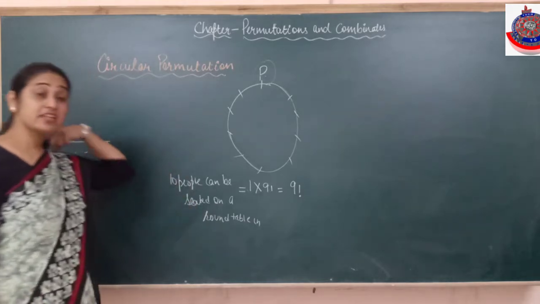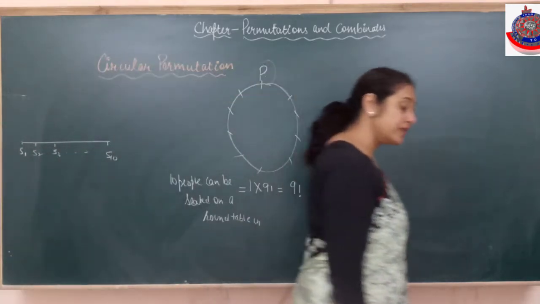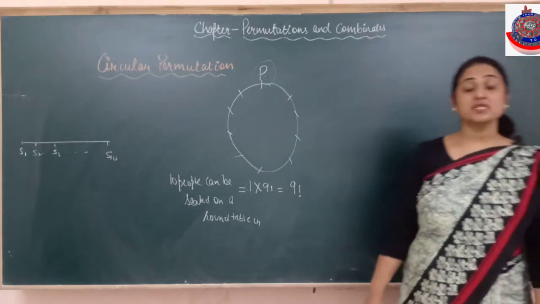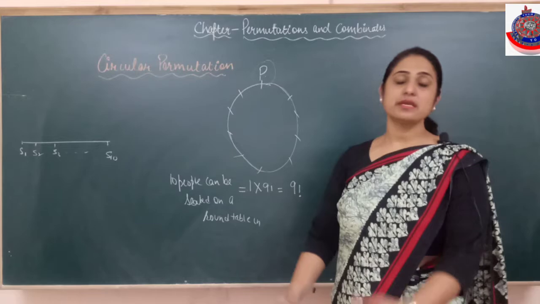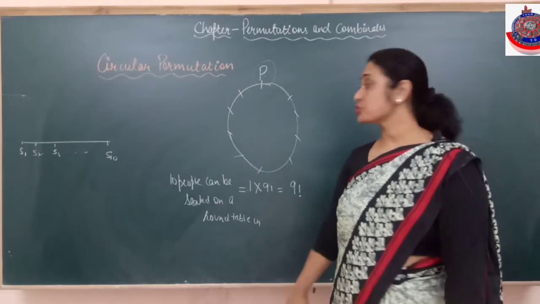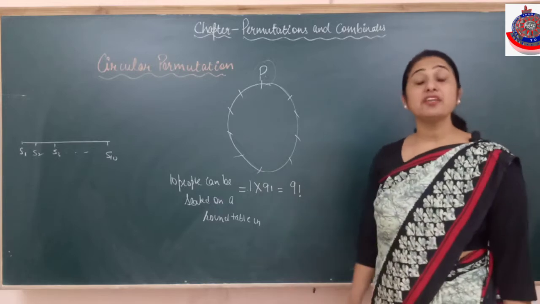That means 10 were there, now it has come to 9 factorial, because whenever there is a circular arrangement, you have to fix the seat of one person, which shows this is the starting or this is the ending, whatever way it is given in the question. Is it clear? So 10 people can be arranged in 9 factorial ways.